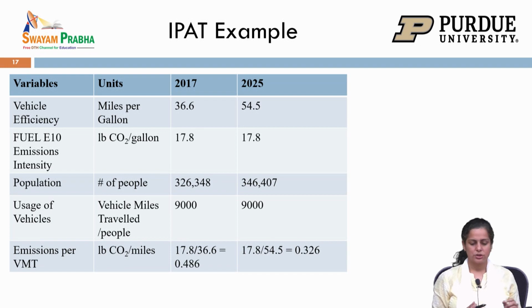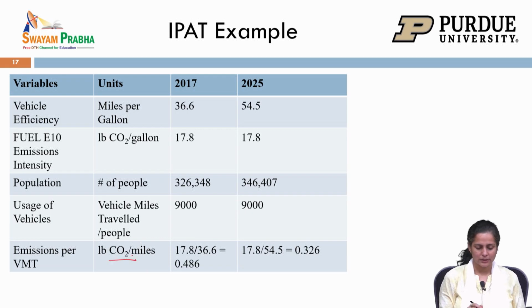All right, let's look at this example. We have the variables: vehicle efficiency, fuel emissions intensity, which is LbCO2 per gallon, then population, which is the number of people. You have the usage of vehicles, given by vehicle miles travelled per person. This number may seem a little high, but let's roll with it. And then we have emissions per VMT, or per vehicle mile travelled, which is LbCO2 per mile.